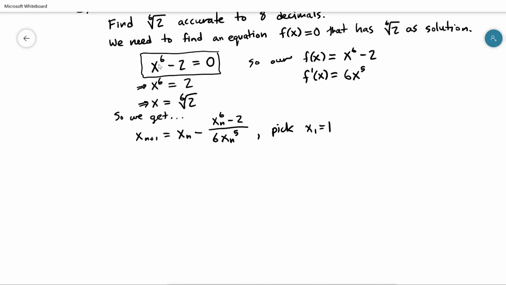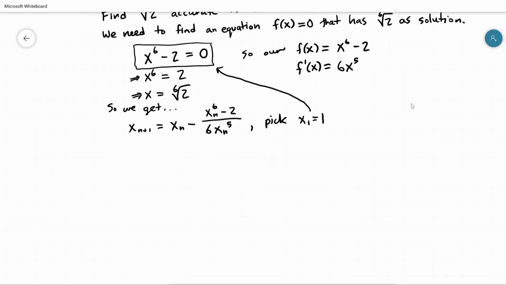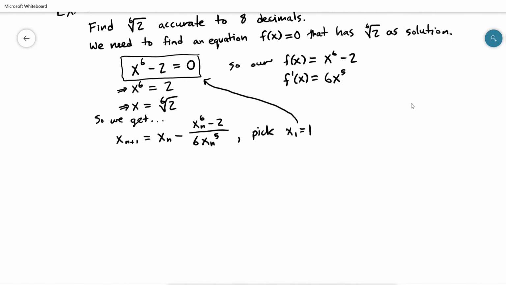So 2 times 2 times 2, yeah, 64. 64 minus 2 would be 62, which is much further. So it's going to be a number between 1 and 2, but it's definitely going to be closer to 1. And so that's why I'm picking x1 equals 1. I'm just trying to get a number that gets close to satisfying this equation.